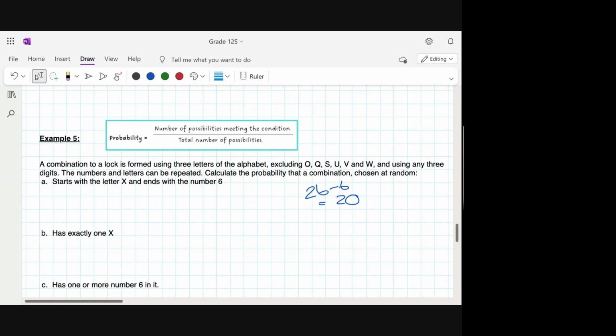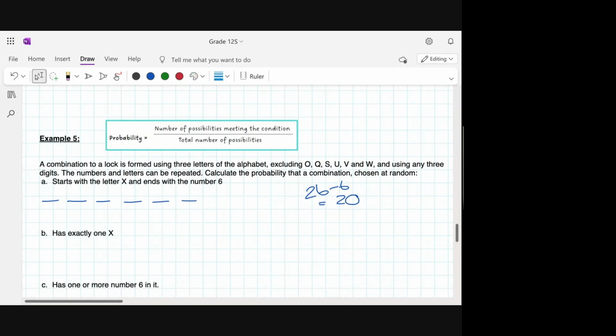We want to calculate the probability of a combination chosen at random starting with the letter X and ending with the number 6. First of all, let's calculate how many combinations we've got. We've got 3 letters of the alphabet, 1, 2, 3, and 3 digits, 1, 2, 3.